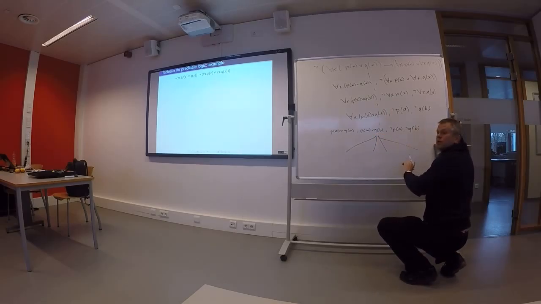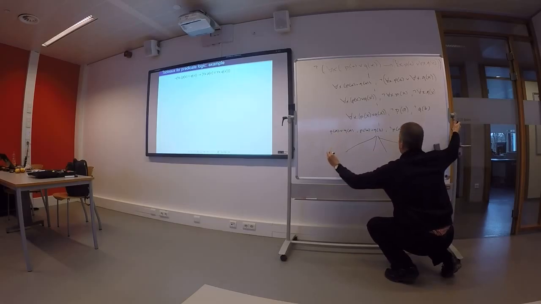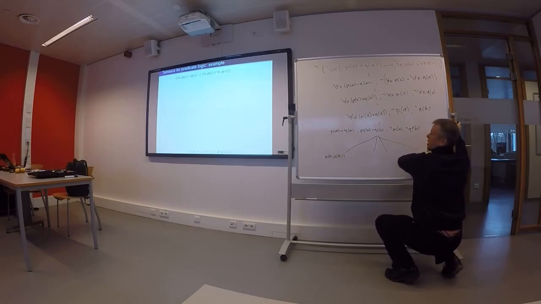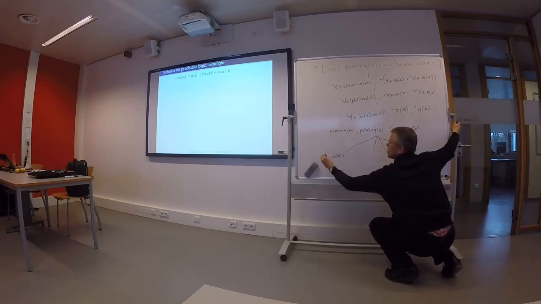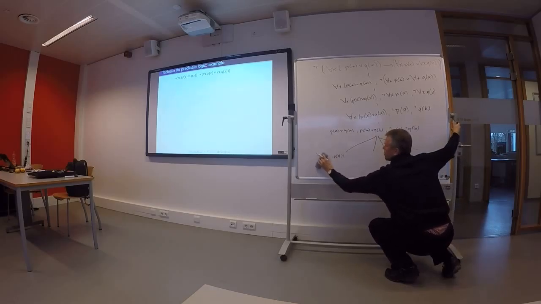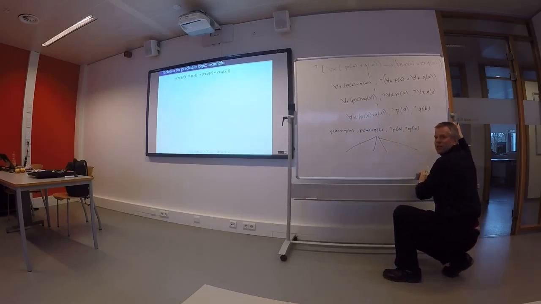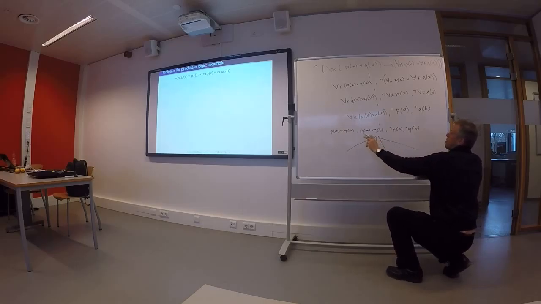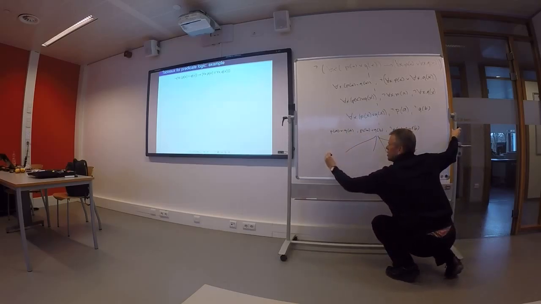I'm just going to pick one of the branches. I want to end up in a branch that doesn't close. So to get a branch that doesn't close, I should pick QA from the first formula. I should pick PB from the second formula.